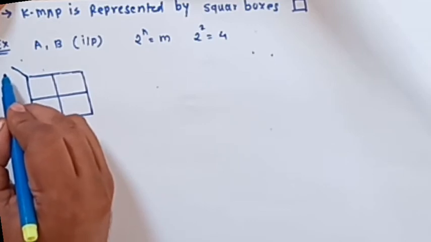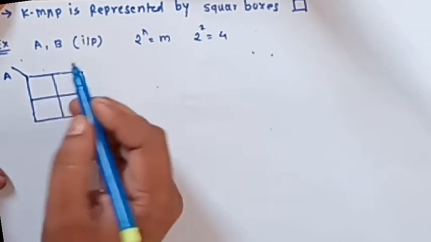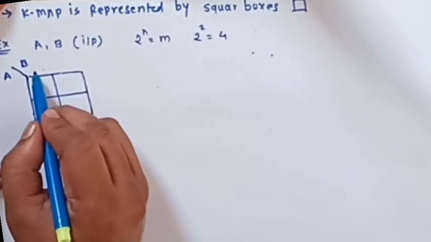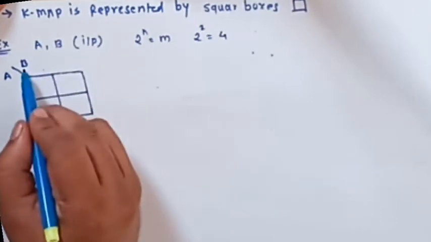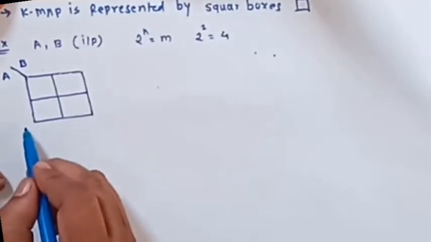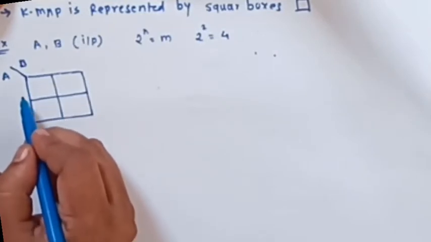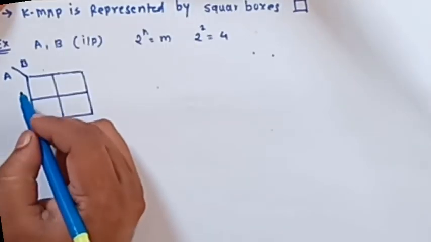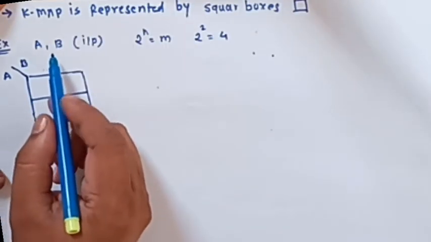Suppose for example here I will take input A, and for this side the input is B. The values towards this side indicate the values of B, and the column values will indicate the values of A. So here we have to take all possible values of A and B.